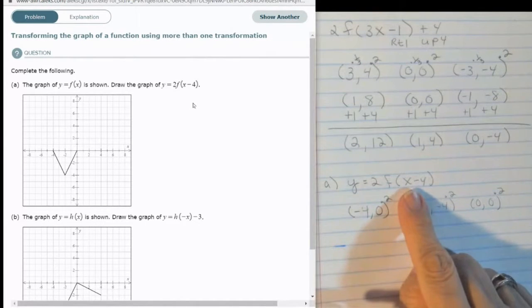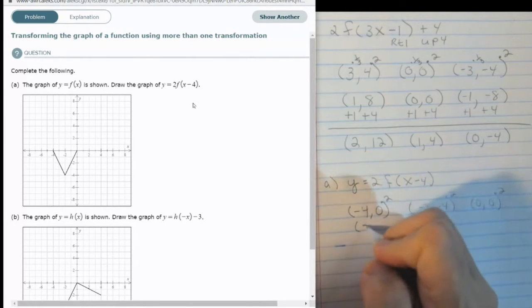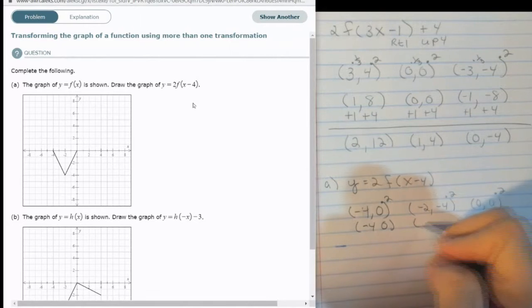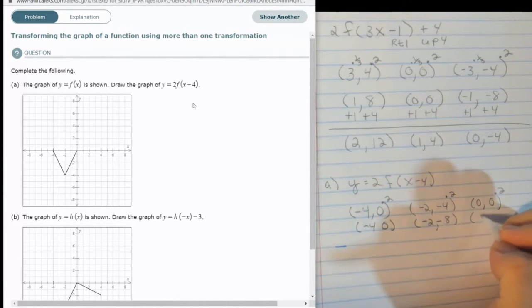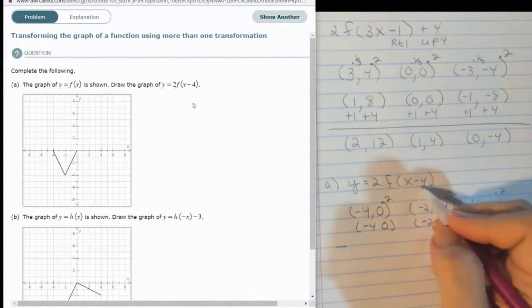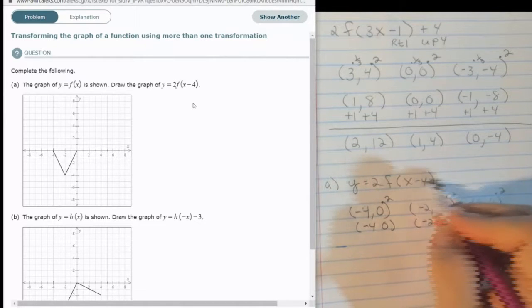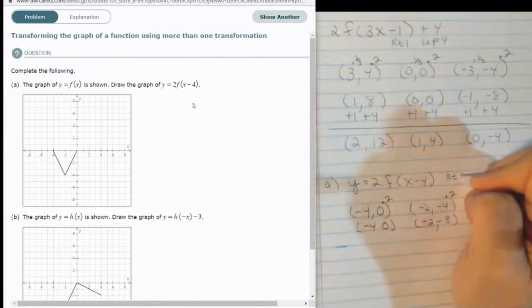There's nothing inside with the x to be multiplied, so we don't have to multiply. (-4, 0), (-2, -8), and (0, 0). Multiplying by 2, 2 times 0 is still 0. The minus 4 is in with the x, so it's the opposite of the sign. It's going to move right 4.